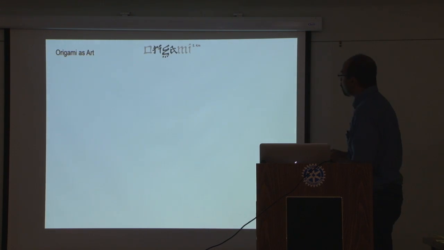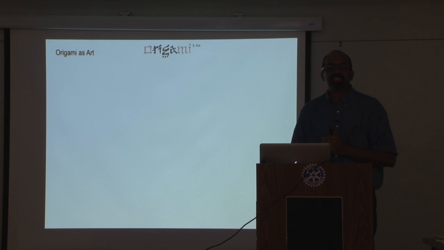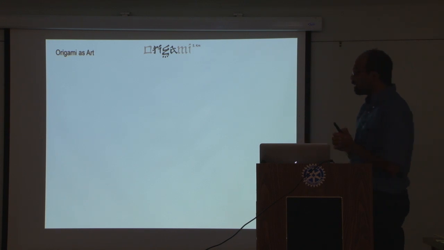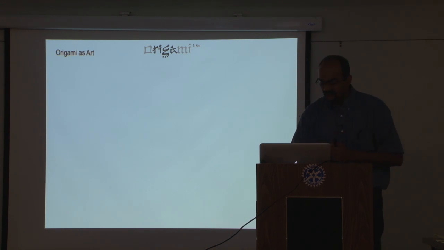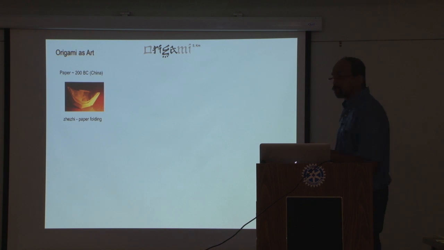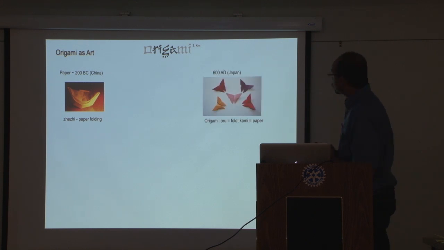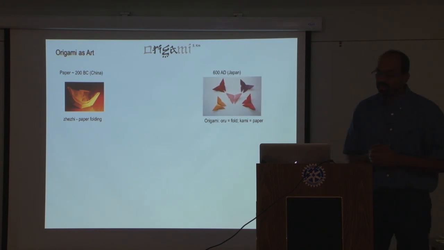Okay, so origami as art essentially started pretty much with the invention of paper, which we think happened in China almost 2,000 years ago. And in Chinese, origami, or the art of paper folding, is called zheqi. Okay? It came to Japan a few centuries later, people think, about 400 or 600 years later.